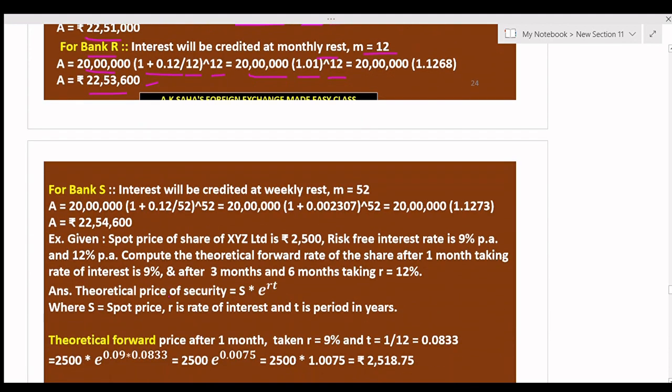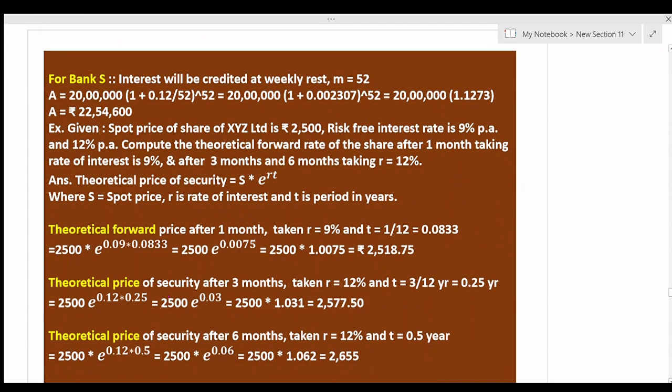Now, interest will be credited at weekly rate, that is 52 weeks. Now 20 lakhs into 1 plus 0.12 divided by 52 to the power 52, and you solve it, the result will be 22 lakhs 54,600.